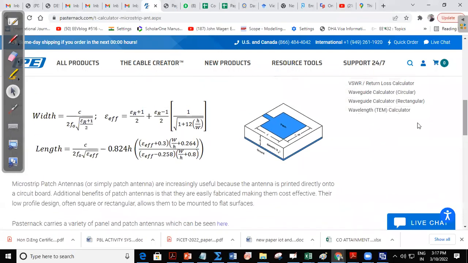The width is derived from the dielectric constant and the frequency of resonance. Epsilon r effective depends on epsilon r, because of the fringing field at the width side the actual length is different, and that's why epsilon r also is different. The length formula is calculated using this. We require the W and H values, and from this we can calculate the value.